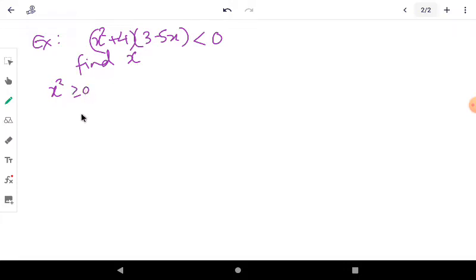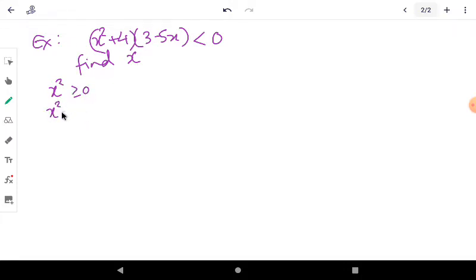For example, x square plus 4 times 3 minus 5x is negative, find x. How can we approach this, guys? As you can see here also, x square is a positive number for all real x.